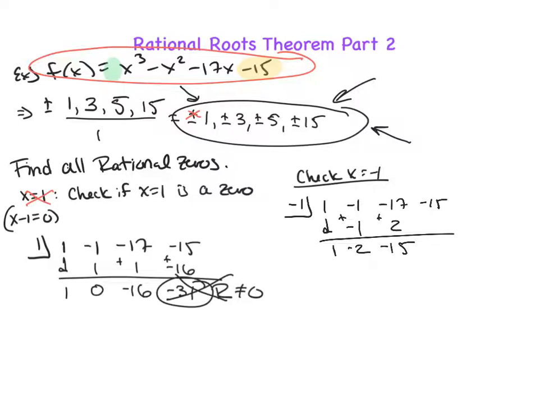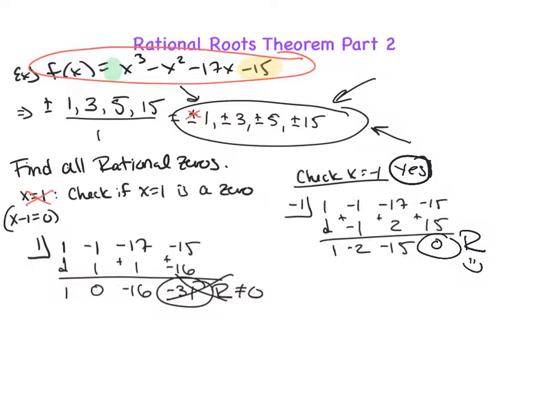And -1 times -15, oh, this is great, is +15. When I add them together, I get 0, which is our remainder favorite number. That means that x equals -1 is, yes, one of our rational roots, one of our rational zeros.